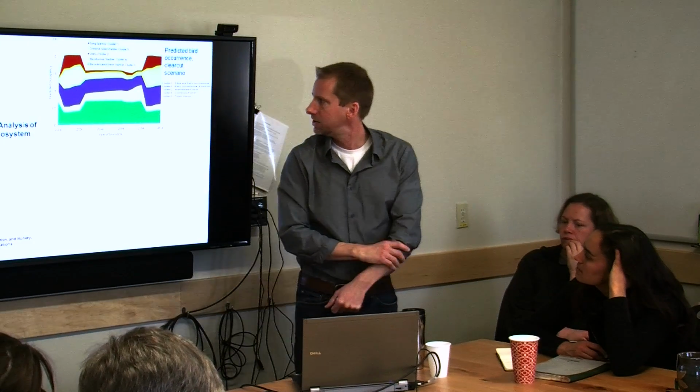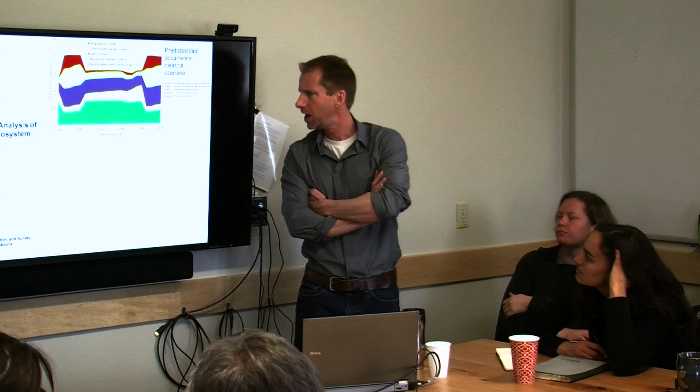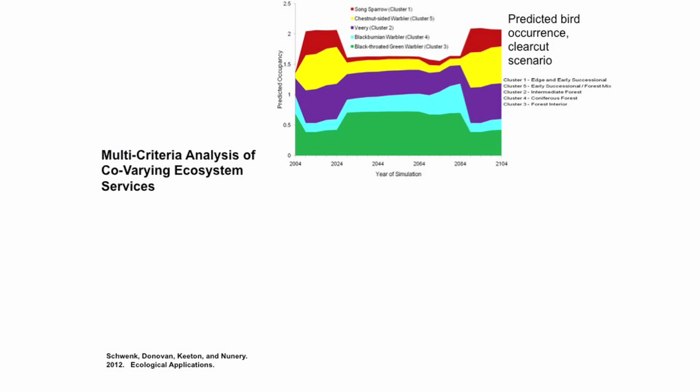And then on this idea of co-benefits and trade-offs and multiple objectives, maybe trying to make this a little more realistic in terms of the considerations that landowners in the Northeast would actually have. That's something that Terry Donovan and Scott Schwank and I have looked at. This came out recently. And this used some biodiversity modeling that Terry had done, that we actually did together.